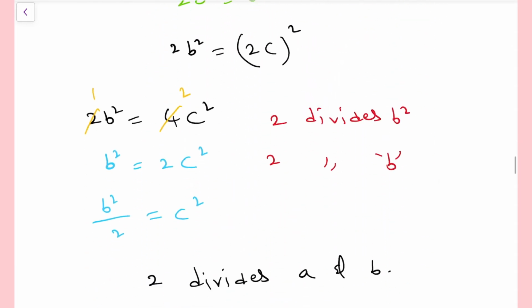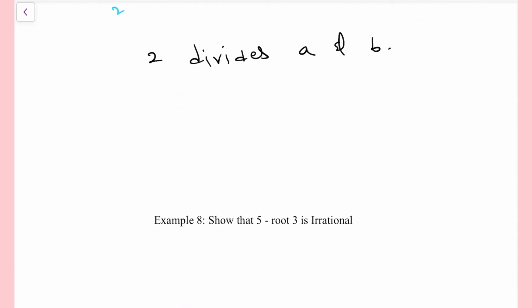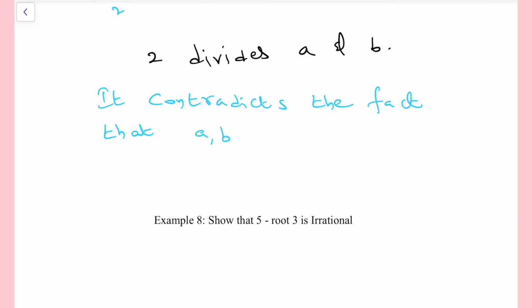But here we got 2 is also one of the common factors. Then it contradicts the fact that a comma b are co-primes. So root 2 is irrational.